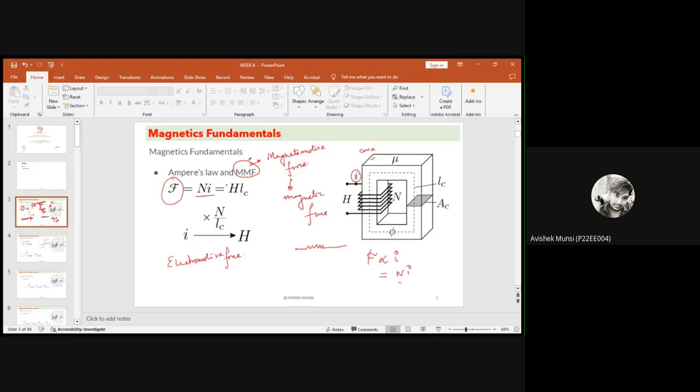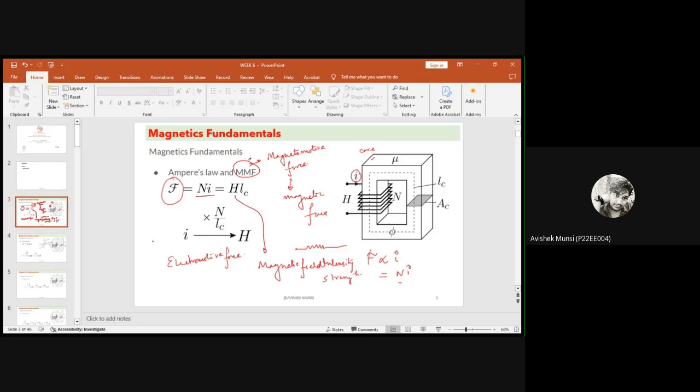So what is basically H? H is the magnetic field strength or intensity, sometimes called magnetic field strength.